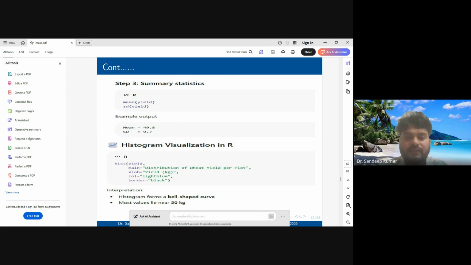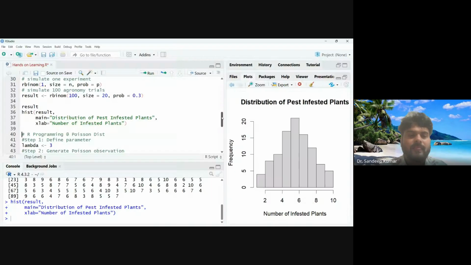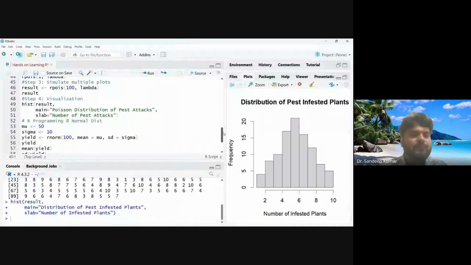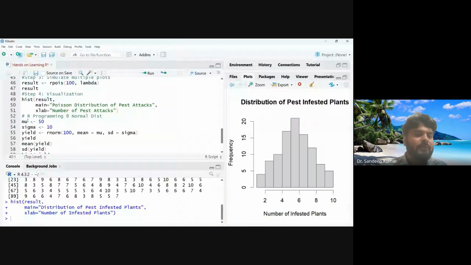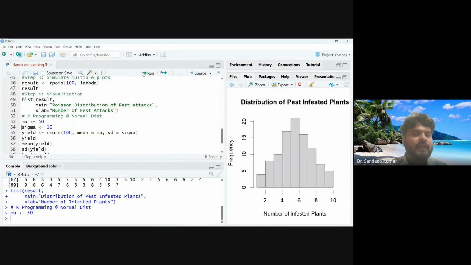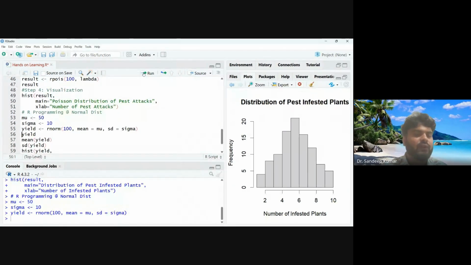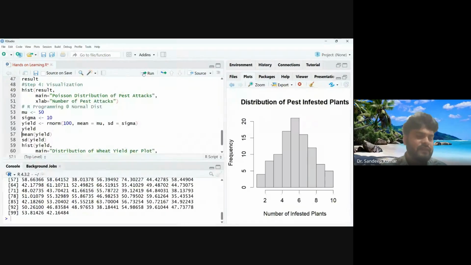This is the R environment. Mu equals 50 and sigma equals 10, yield equals 100 random number generation, so 100 observations.